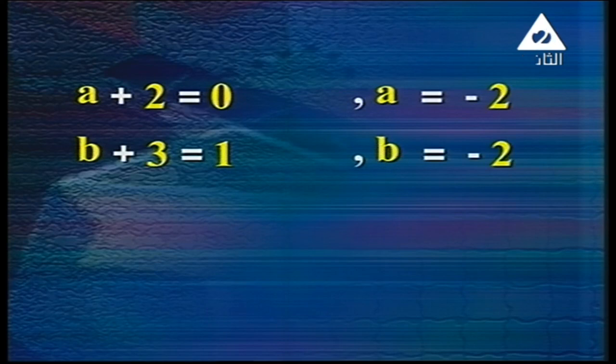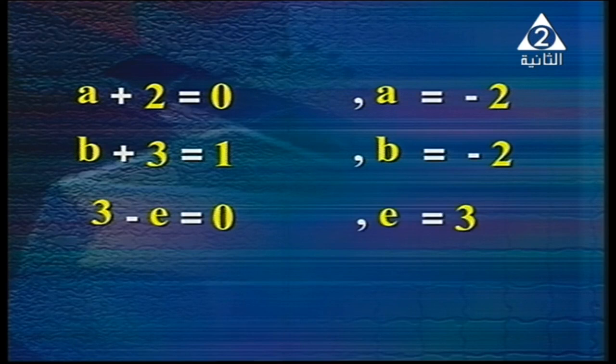What is the value of b? A plus 2 equals 0, then a equals negative 2. B plus 3 equals 0, then b equals negative 3, and 3 minus e equals 0.